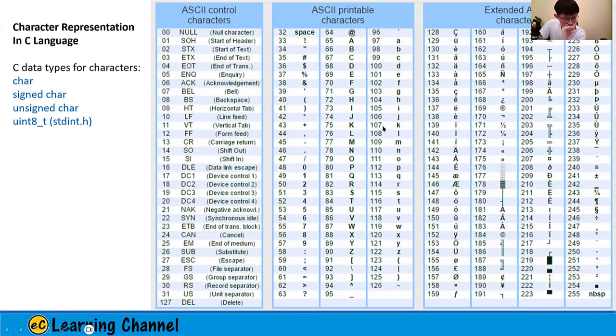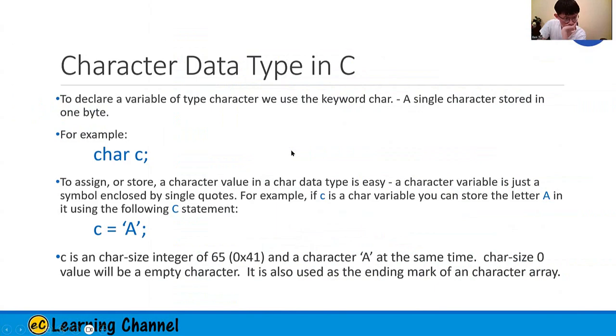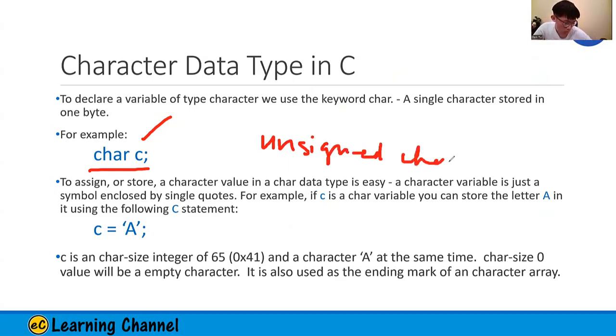You need to remember the ASCII code location, okay? So it declared char C, but char C is actually an 8-bit integer, signed integer. So usually when you use it for character, you may want to use unsigned char. Okay, let's do unsigned char.